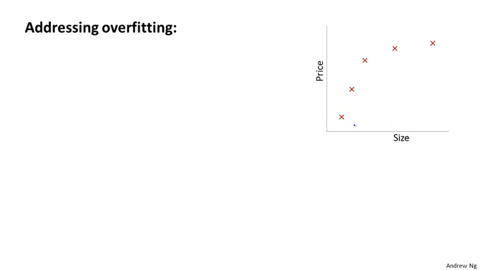So earlier, for the housing prices example, we could just plot the hypothesis and maybe see that it was fitting the sort of very wiggly function that goes all over the place to predict housing prices, and we could then use figures like these to select an appropriate degree polynomial. So plotting the hypothesis could be one way to try to decide what degree polynomial to use, but that doesn't always work.